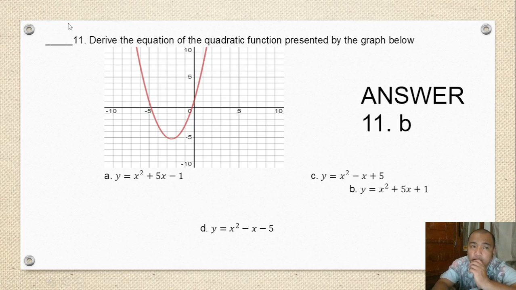I want you to present the solution for this, and the answer is B here. y equals x squared plus 5x plus 1, meaning A is 1, B is 5, C is 1. I think one of the points here is negative 1, negative 3. There's also 0, 1, and 0, negative 1. Ay, negative 5, negative 1.